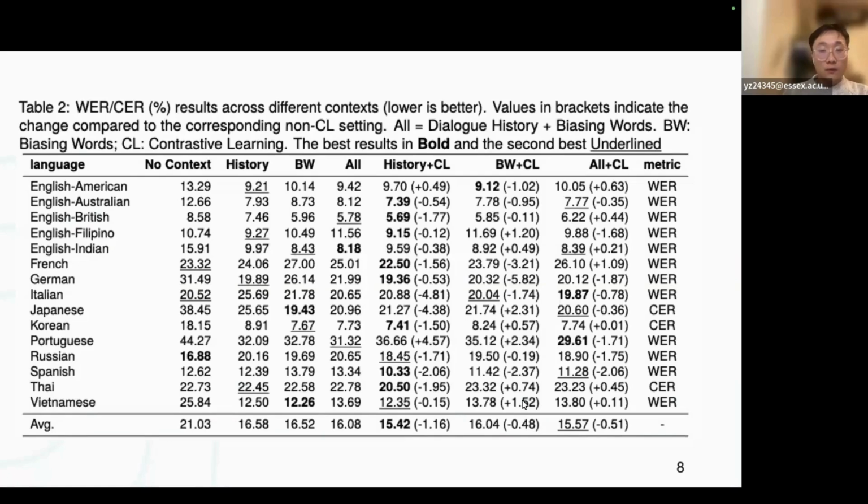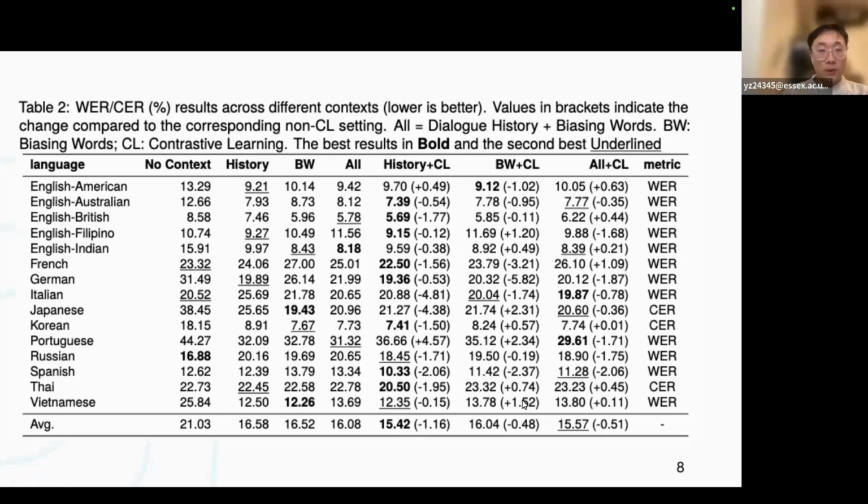Here are the results of our context-aware multilingual speech ASR. You can see from the results, the no-context setting means we only feed the model with speech, and apparently it gets the worst results. And as soon as we add any type of context, we find a huge improvement of the ASR performance.